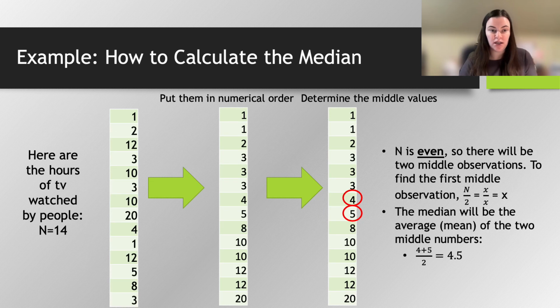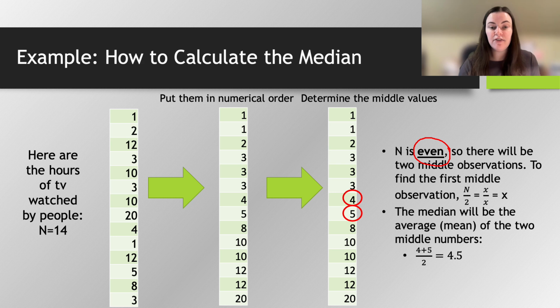In order to calculate this, we'll just follow the steps that we had on the previous slide. So, using that same data set about asking our class students how many hours per week they are watching television, we can calculate the median of that data set as well. One of the first things I like to do when calculating the median is figuring out if I have an even or odd number of observations.